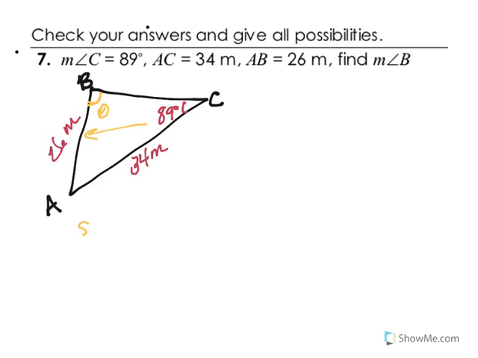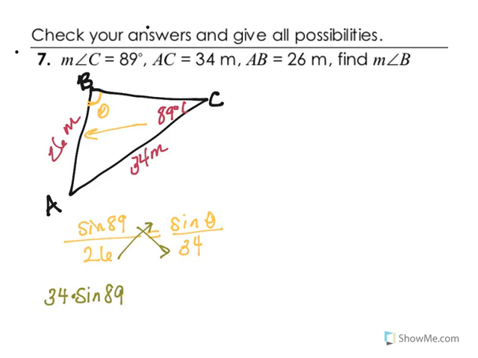You have the sine of 89 over 26 is equal to sine of theta, which is B, over 34. Now we're going to cross multiply. We have 34 times sine of 89 equals 26 times sine of theta. And now we're going to divide by 26.